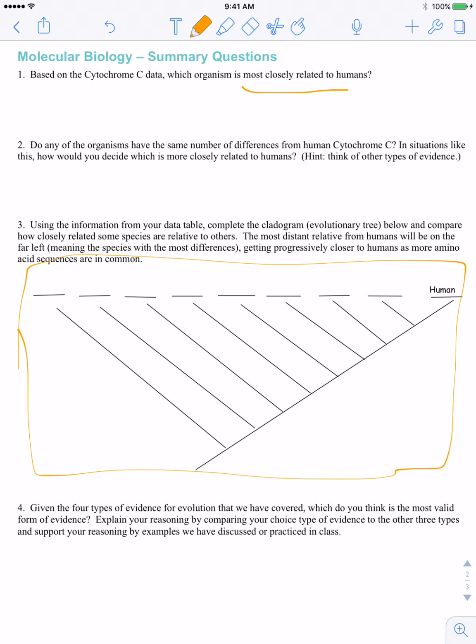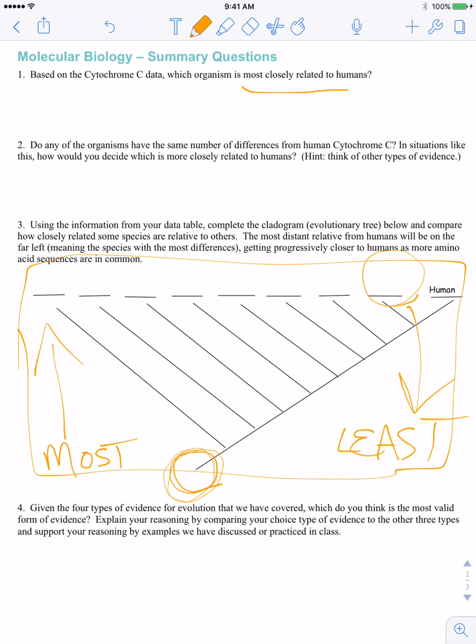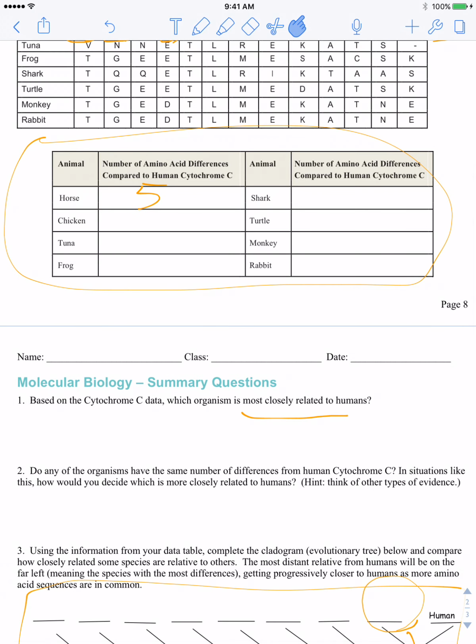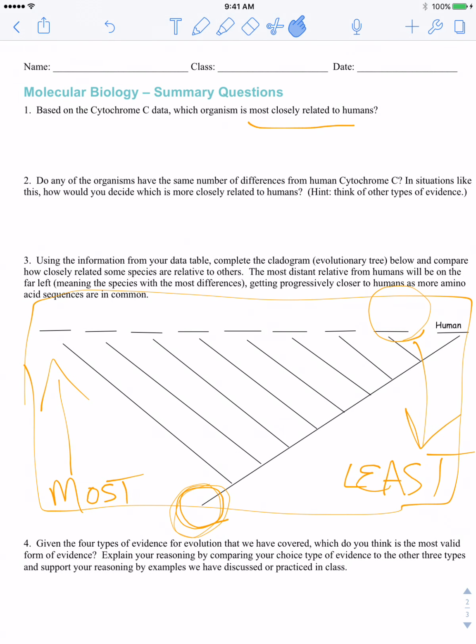The way this works is our common ancestor would be down here, and all these blanks up here, the farthest from the human is the one with the most differences in DNA from the human. So the most differences would be there, whereas the one right next to it would be the least amount of differences from the human. So you're going from the most number of differences according to your chart up here to the least amount of differences.